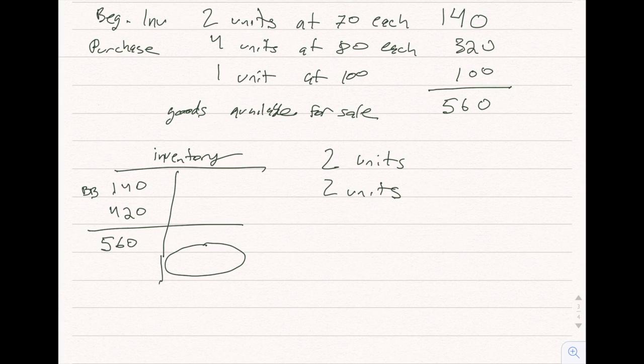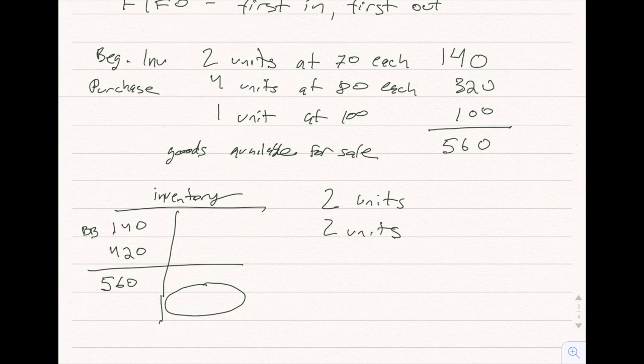Well, if we're in a FIFO system, remember, first in, first out. The oldest unit costs are going to be assigned to cost of goods sold. Well, what are the oldest unit costs? Are we going to value anything here at 100? Because this unit was purchased last, so that can't be it.